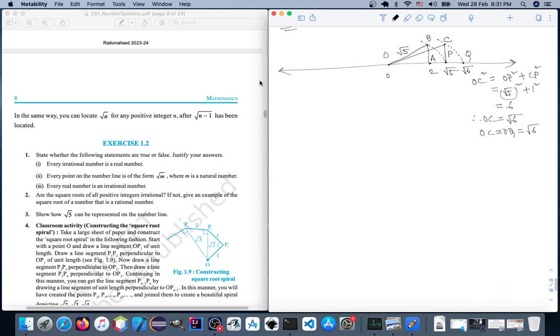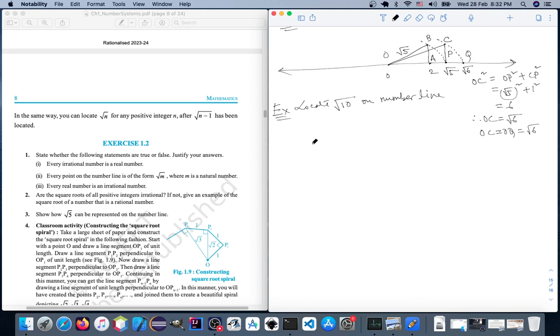Just to give you an example, let's say, locate root 10 on the number line.